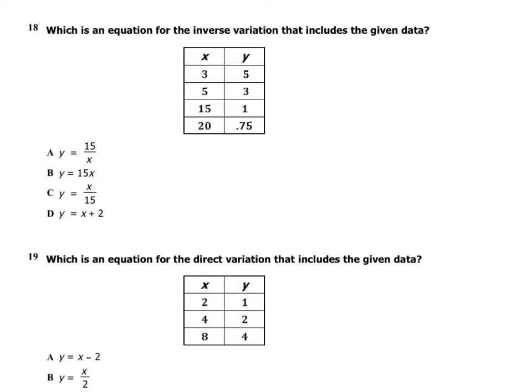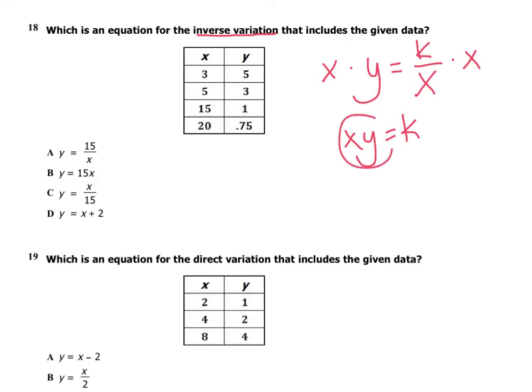All right. So this one, we got number 18. Which is an equation for the inverse variation that includes this data? If I know it's an inverse variation, I know this is the formula, y equals k over x. I can also solve for k, multiplying both sides by x, and I get xy equals k. So I want to know the constant of variation, the product x times y.